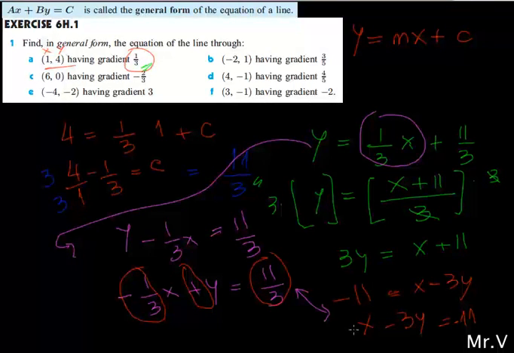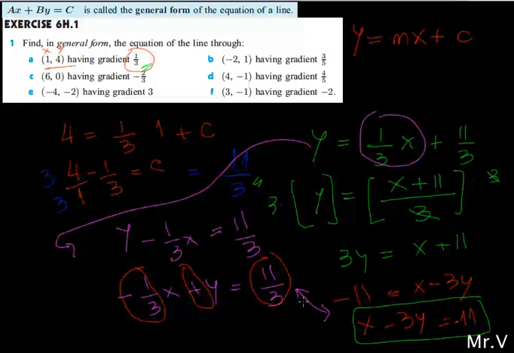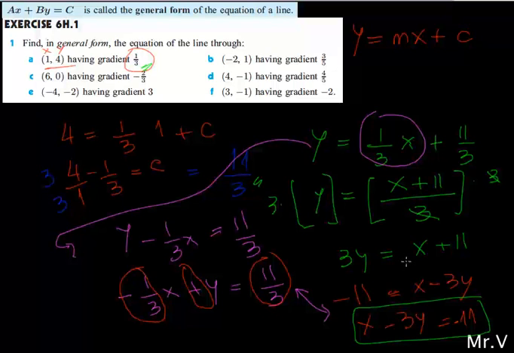If you times everything by -3, then you will have the same answer as here. So choose the method that you like and the one that is easier for you. Both answers are correct.